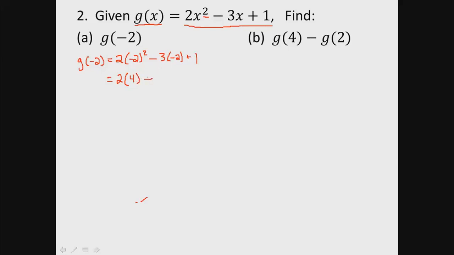Then -3 times -2 is a positive 6. Plus 1. 2 times 4 gives me 8. Plus 6 plus 1. I add this all up, 8 plus 6 plus 1, I end up with 15. And so we've got g of -2 is equal to 15.